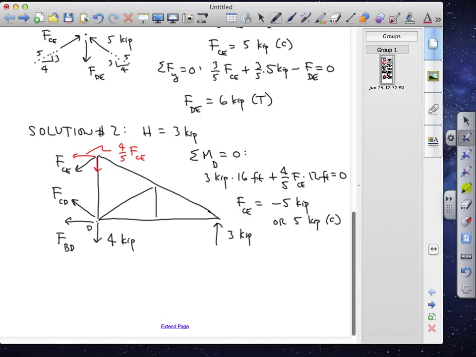Now we go back to joint E, and in this case we know FCE, we know it's in compression. So now I'll draw this as 5 kip in this way.